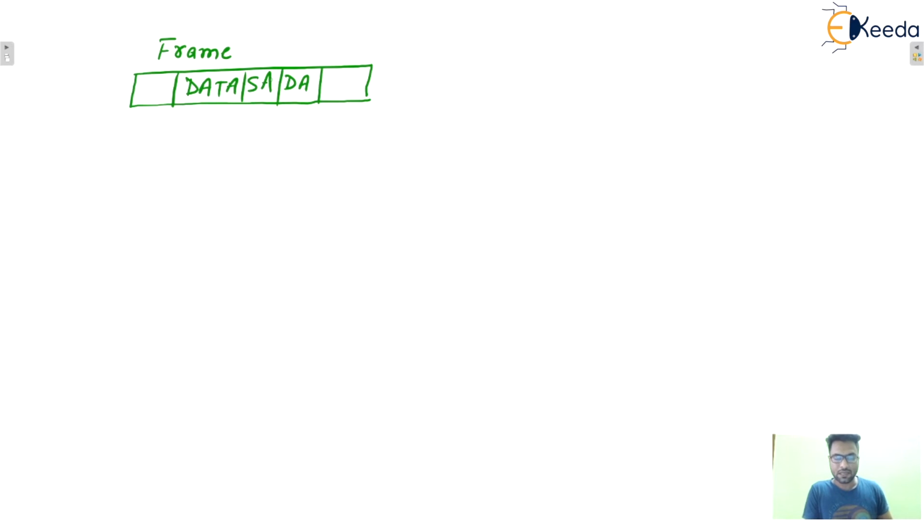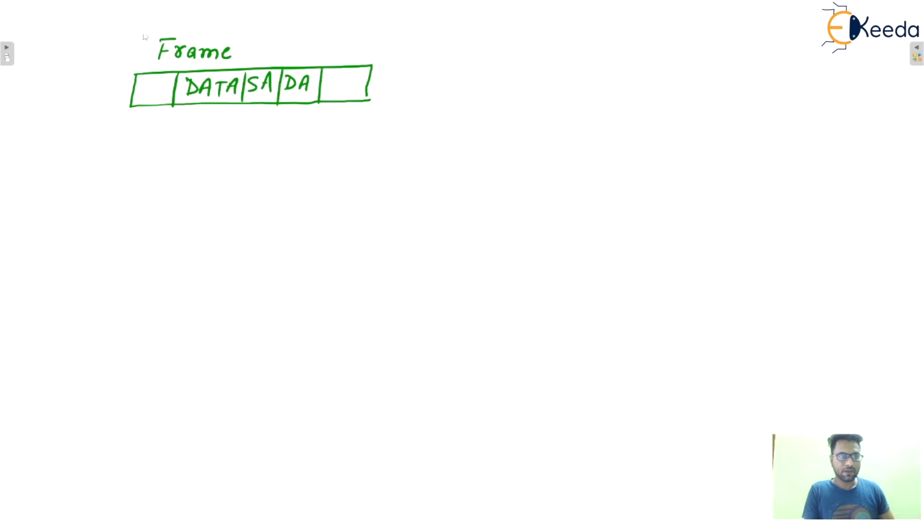Let's say there is a frame. Frame means, let's say this is your data. Here, let's say destination address, and let's say this is source address. S stands for source address.